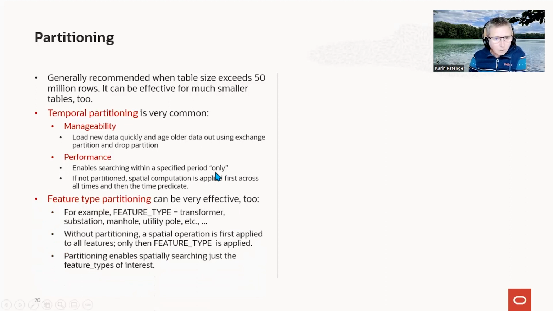There are many more options how you partition your data. One is, let's say, feature type partitioning. Typically, geometry data have a feature type assigned. For instance, in the utilities area, you have feature types like transformers, utility poles, stations, whatsoever, and you can use those feature types as lists to be considered for partitioning.